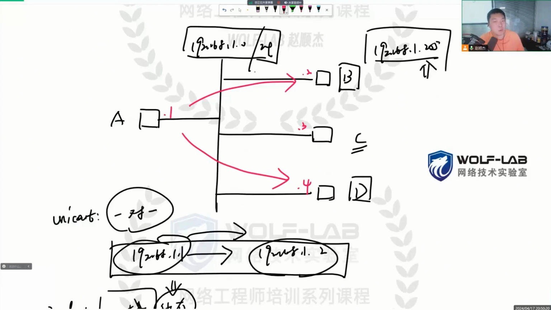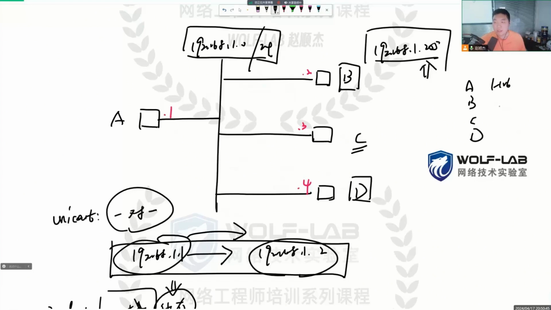So what does multicast mean? When we talked about IPv4 address classification, 1 to 126 is Class A, 128 to 191 is Class B, 192 to 223 is Class C. And we've talked about Class D addresses. The first 4 bits are fixed at 1110.